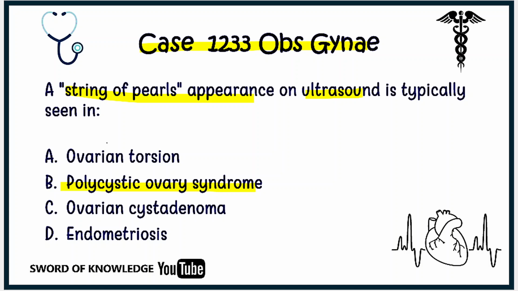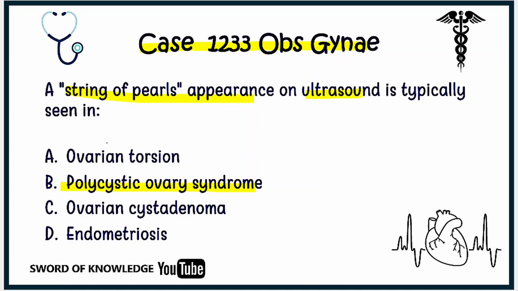So basically, polycystic ovarian syndrome, as you all know, according to Rotterdam criteria of 2023, has two out of three of the following. Number one, if the patient is having oligo or anovulation. Number two, if the patient is presenting with a sign of hyperandrogenism, that is increased hair growth and acanthosis nigricans.